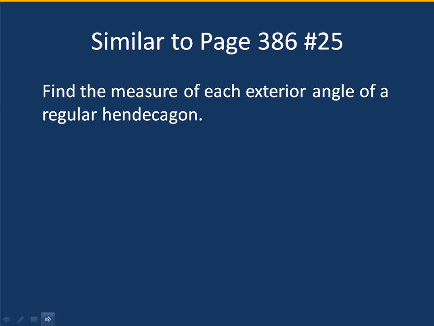Okay, and then the third problem is also very similar, and it says find the measure of each exterior angle of a regular hendecagon. So hendecagon means it has 11 sides. And if you recall from the video that I showed you in class where all of the exterior angles got closer and closer together, you saw that they make a circle.